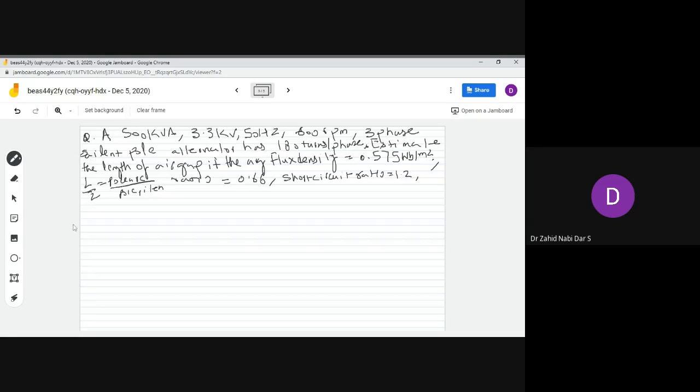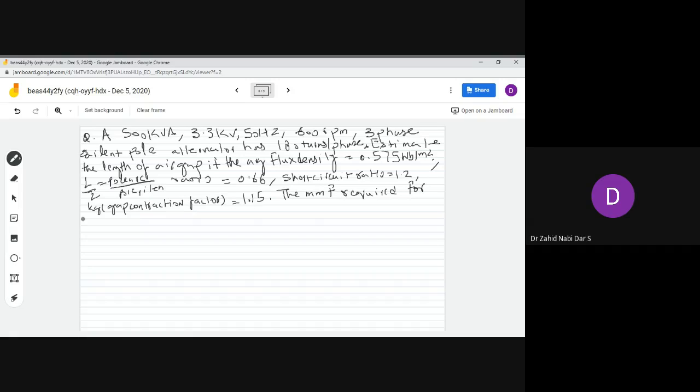The gap contraction factor, that is Kg, is equal to 1.15.